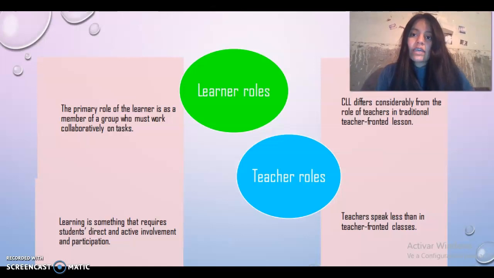In this case, CLE is more focused on the teacher being a facilitator for the students, which means that the teacher is going to speak less than in teacher-centered classes. And also the teacher, as a facilitator of the learning, is going to move around the class, helping students, and of course the groups, because this is basically groups.